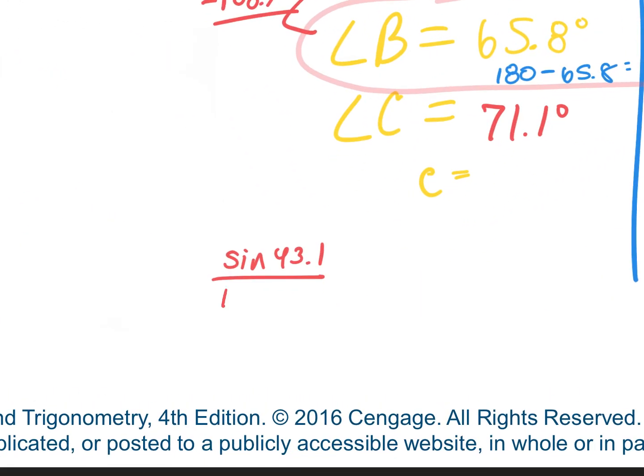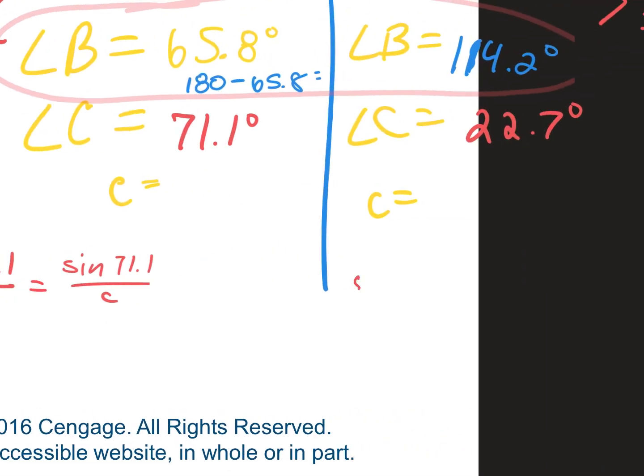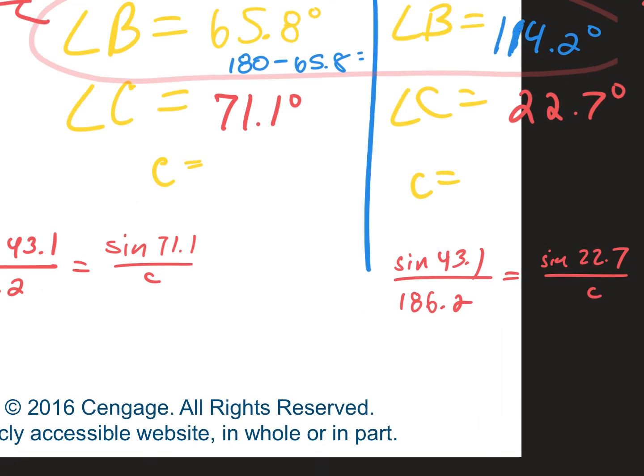Yeah, 186.2 equals the sine of angle C in triangle 1, which is 71.7, and then I have over C. In triangle 2, use that same proportion, sine 43.1 over 186.2. That was given to us at the very beginning. And then we're going to use angle C from triangle 2, so sine 22.7 over C.